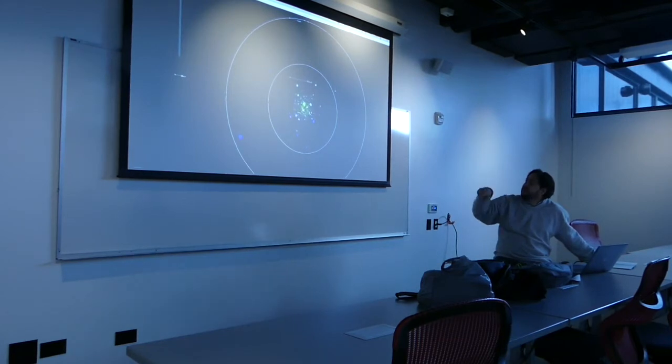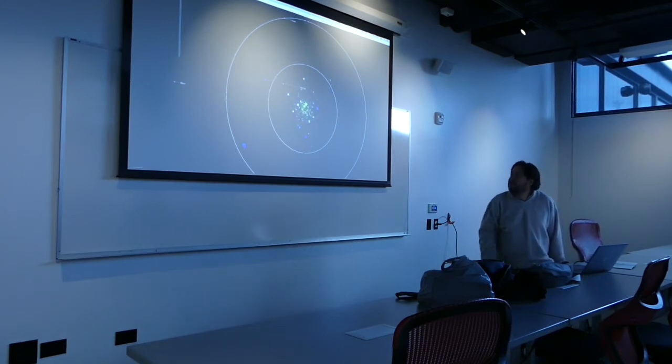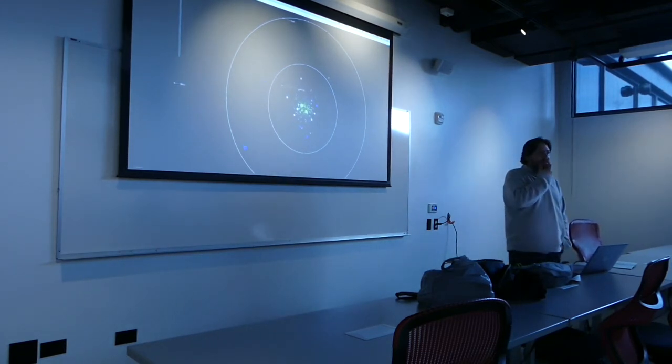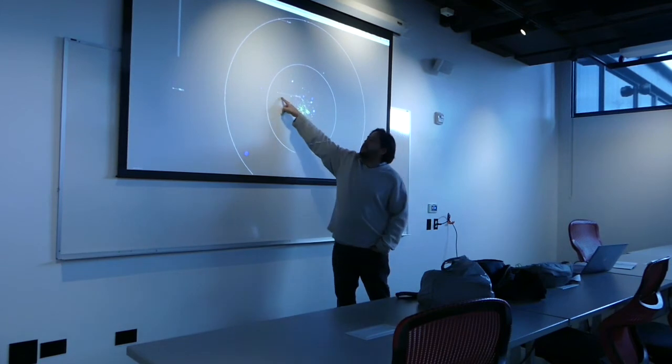So what's Earth, Mercury, and Mars doing? They're orbiting, right? So what do you think the position means? Let's talk about position. Right, so there's a distance from here to the center.